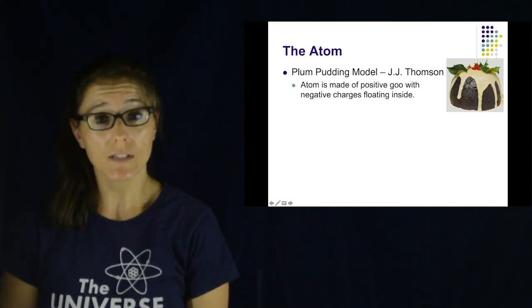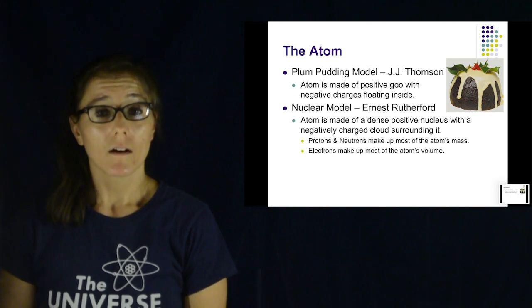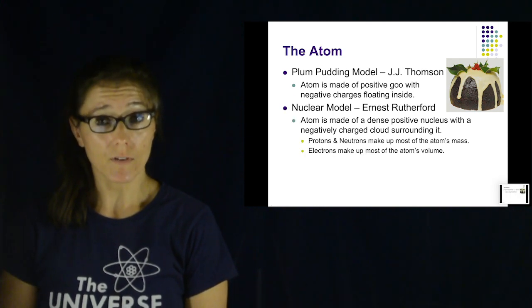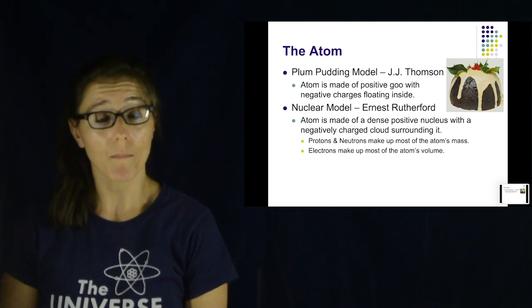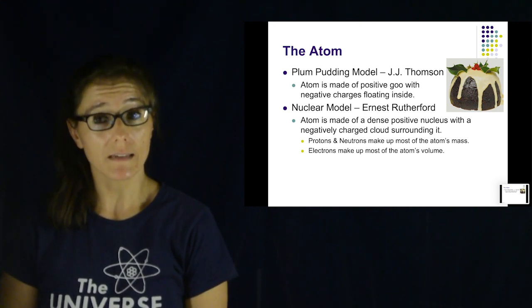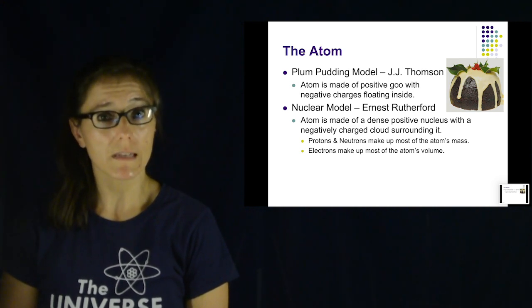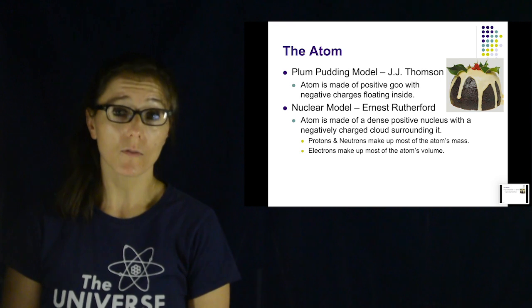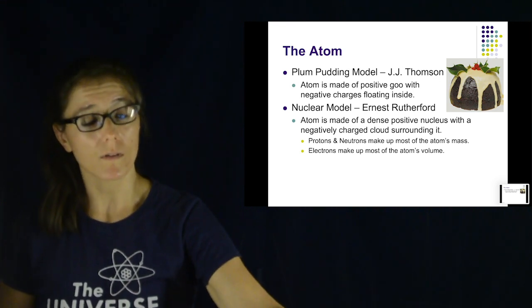And these negatively charged cathode rays are what we now know to be the electron. Ernest Rutherford in the early 1900s came along and said, I want to prove J.J. Thomson's plum pudding model of the atom, which was the idea that the atom is basically uniform goo filled with negative chunks in it. So again, uniform in composition, but not indivisible as Dalton thought.